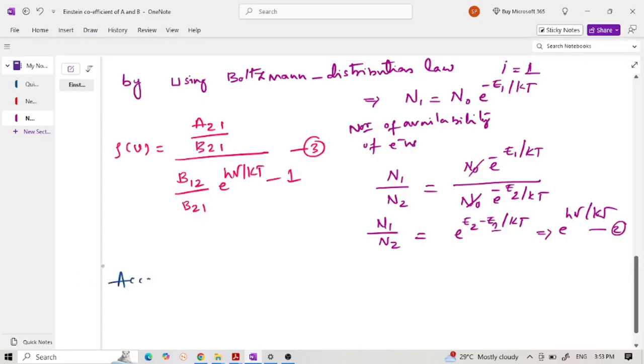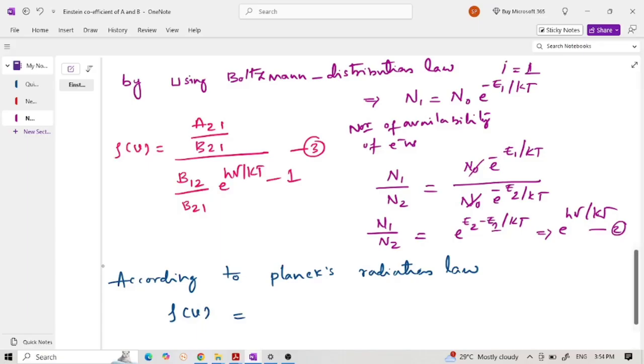According to Planck's radiation law, the equation is rho nu is equal to 8 pi h nu cube divided by c cube, into 1 divided by e raised to h nu divided by kT minus 1.